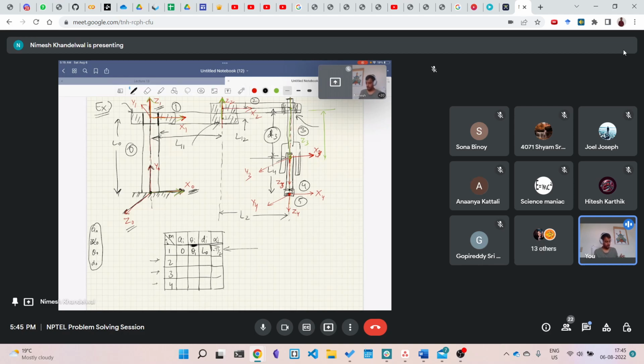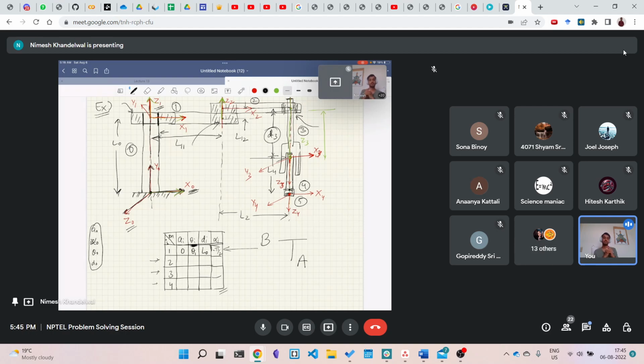Now, why I've told you this table is because it will be used to form the homogeneous transformation matrices that you had seen in last week's lectures, from the DH parameter table. This is where DH parameters come into play.